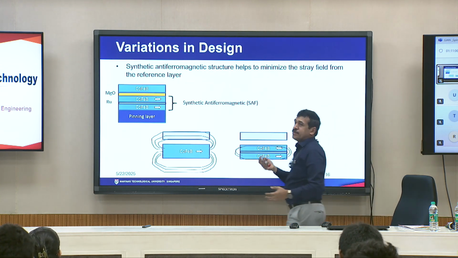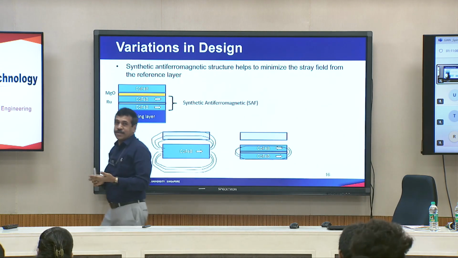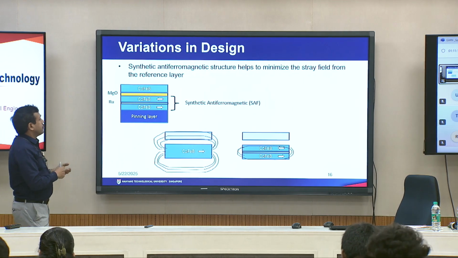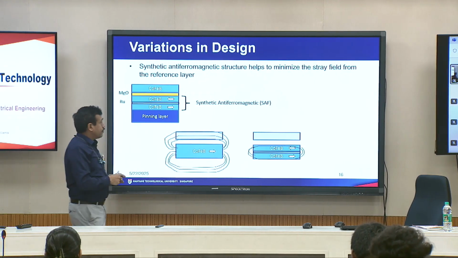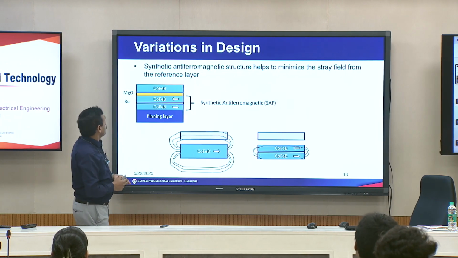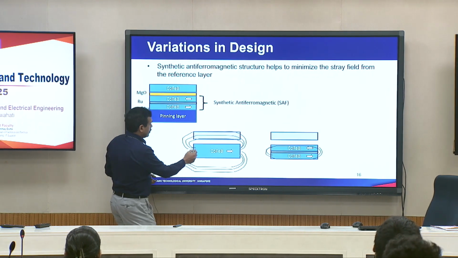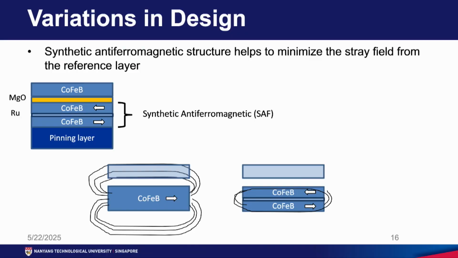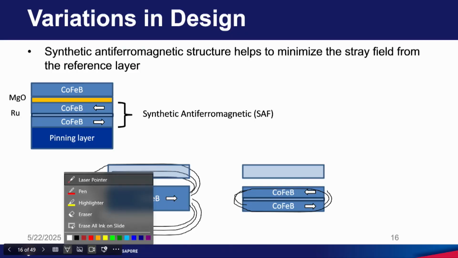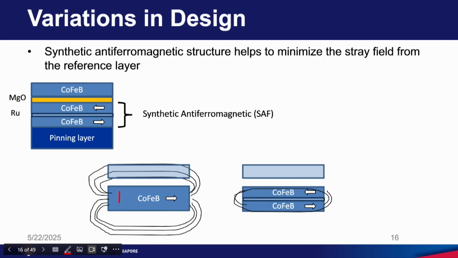Okay, so far we learned that we need at least 4 layers. So, antiferromagnetic layer, free layer, magnesium oxide, reference layer. Okay, but we learned that if you have a reference layer like this, let us say this is your reference layer and this is your free layer. Let us say you magnetize the reference layer along certain direction.